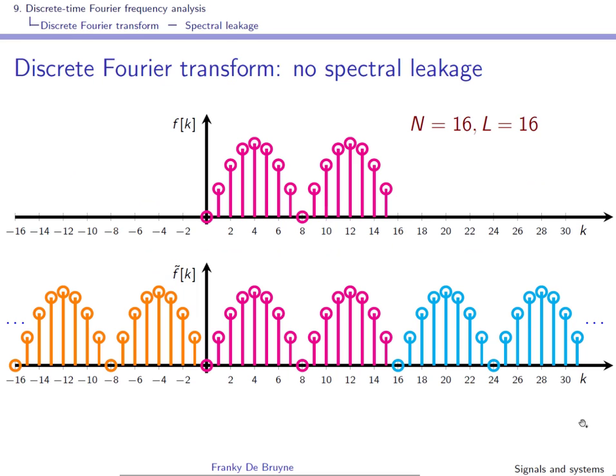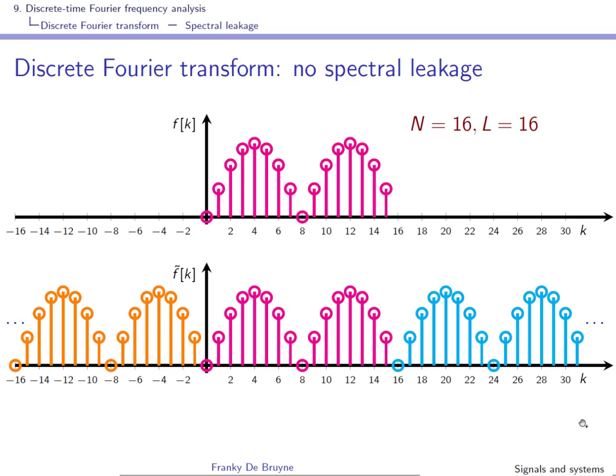What you see here is a case with no spectral leakage. The original continuous time signal, which is periodic, has been sampled such that the period corresponds to 8 points, and as you can see, we have considered two periods over here.